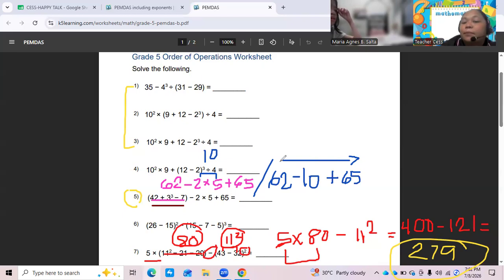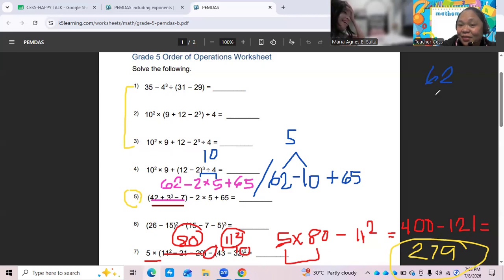Okay. So, 62 minus 10? What is your answer? Are you sure? 62, then 10, subtract.